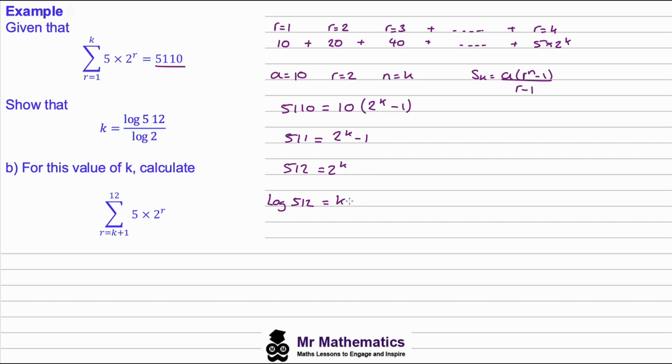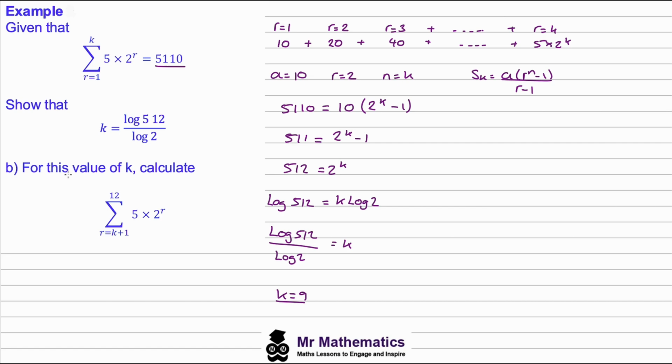So this will be k times the log of 2, and we'll divide both sides by the log of 2. So the log of 512 over the log of 2 will give us k. Okay, and that's what we were asked to show here. We can work this out, and we get k is equal to 9.